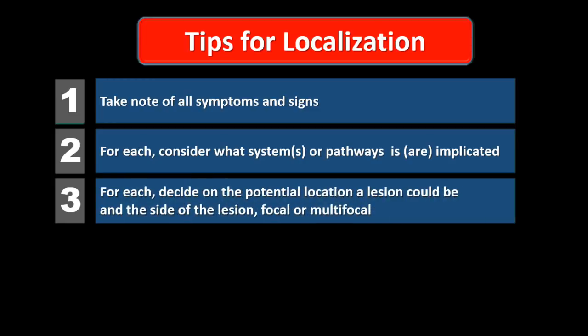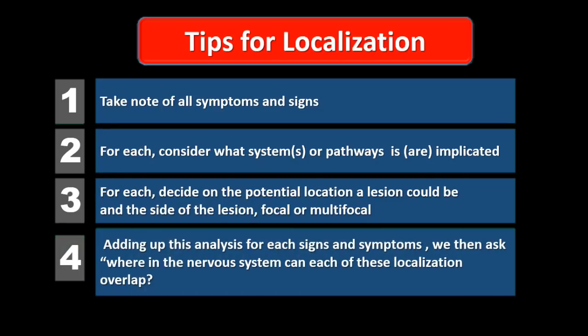And for each, decide on the potential location. Is the lesion inside the cerebral hemisphere or in the spinal cord, or outside, central or peripheral? Is it located in the frontal part of the brain on the left side when you have aphasia?